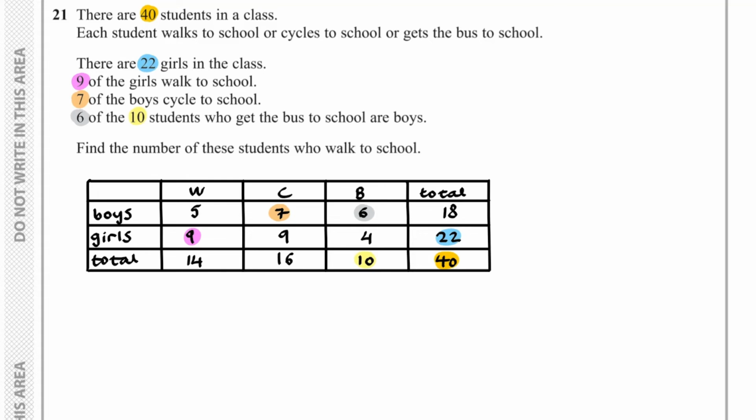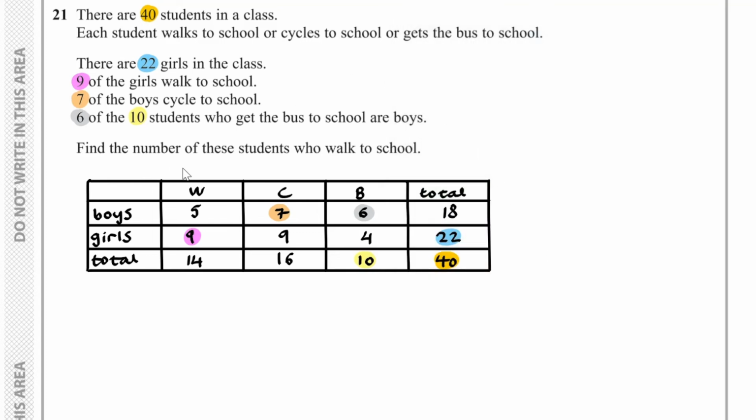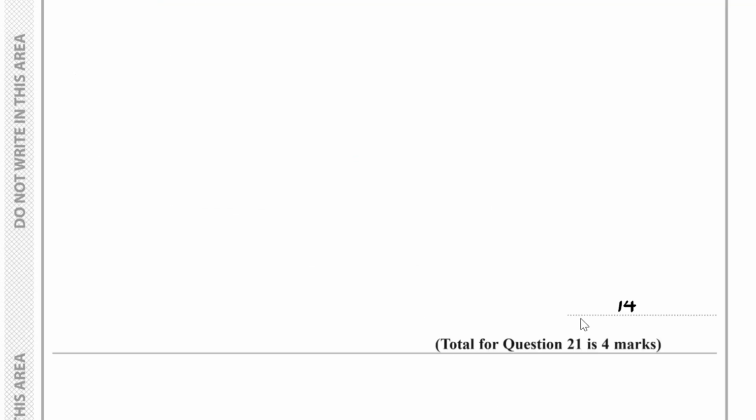We're looking at the number of students who walk to school. That will correspond to this 14 over here. So we have 14 students, okay?